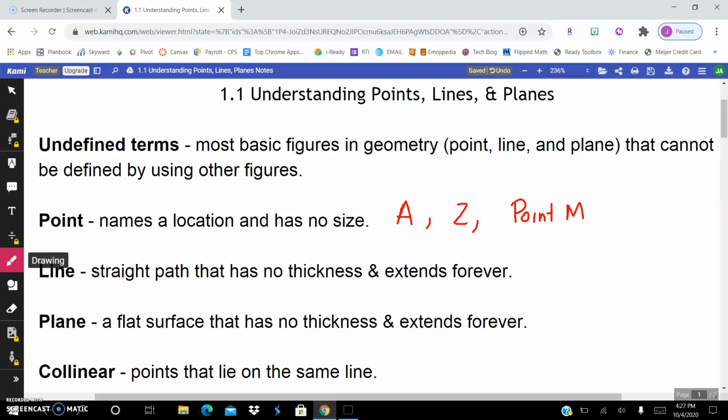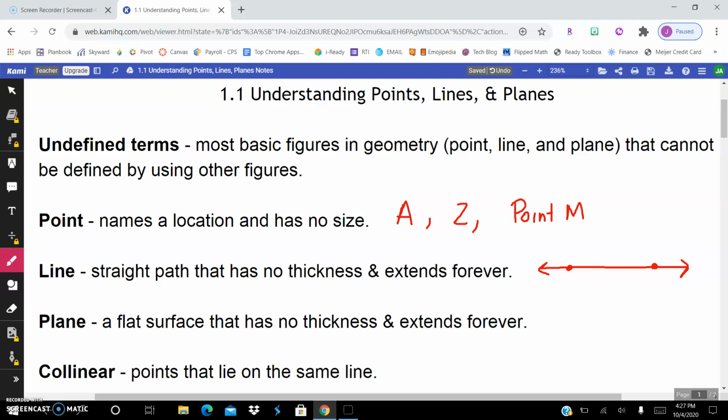And then next is a line. A line is a straight path that has no thickness and extends forever in both directions. So this is what a line would look like. And it has to be labeled with at least 2 points.